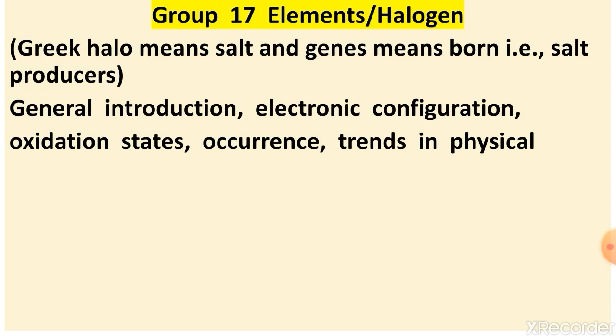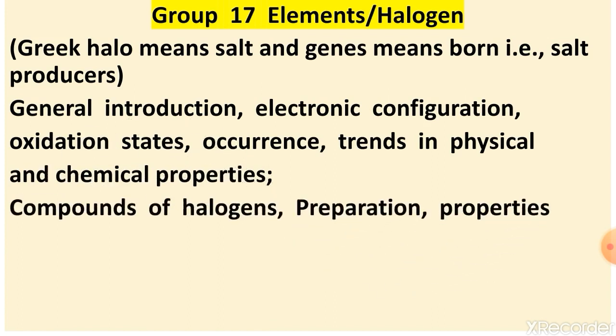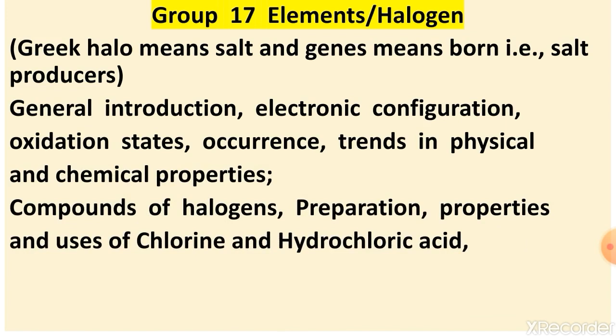In group 17 elements, you have to know about the general introduction, electronic configuration, oxidation state, that is basically -1, +2 to +7, occurrence, trends in physical and chemical properties, then compounds of halogen, preparation, properties and usage of chlorine and hydrochloric acid, that is HCl.